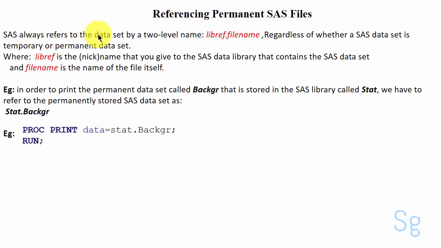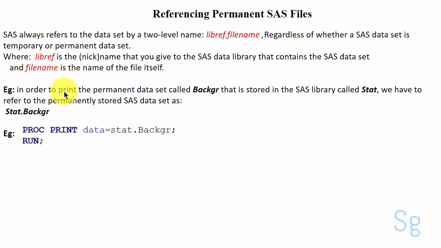SAS always refers to the dataset by a two-level name, libref.filename, regardless of whether a SAS dataset is temporary or permanent, where libref is the nickname that you give to the SAS data library that contains the SAS dataset, and filename is the name of the file itself.